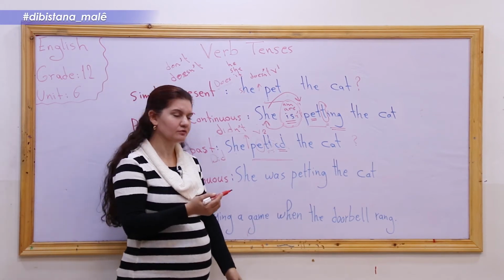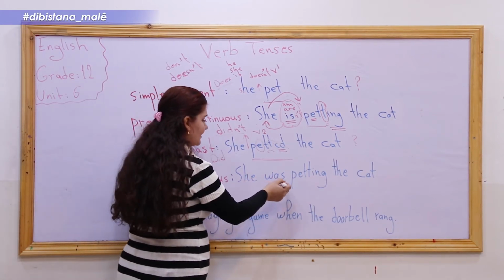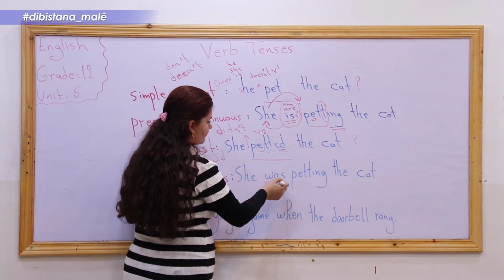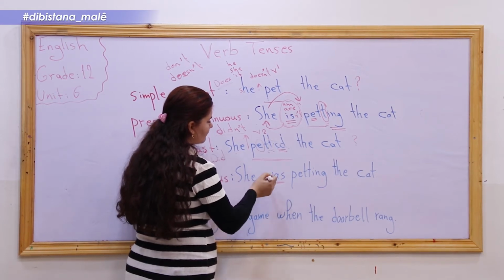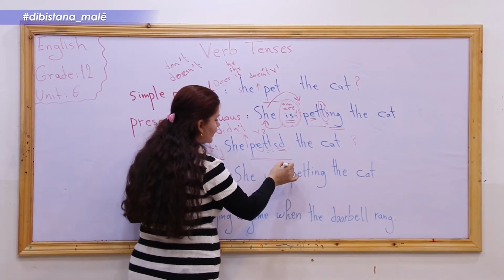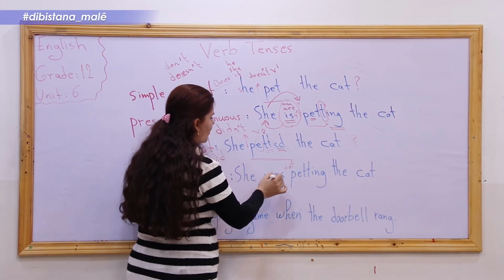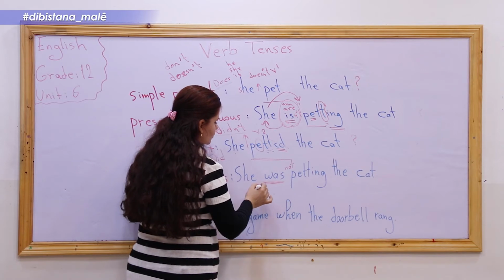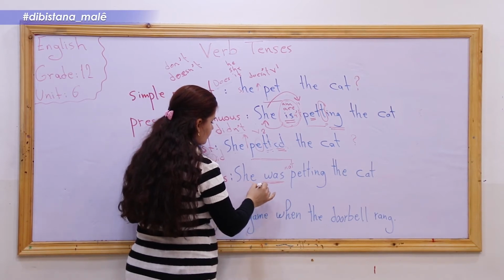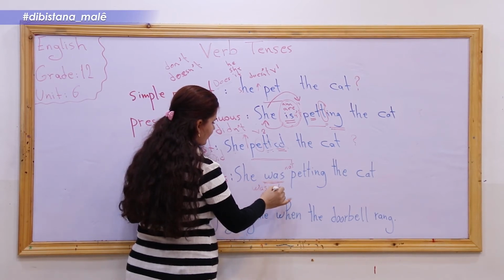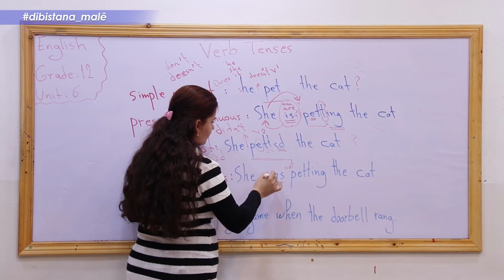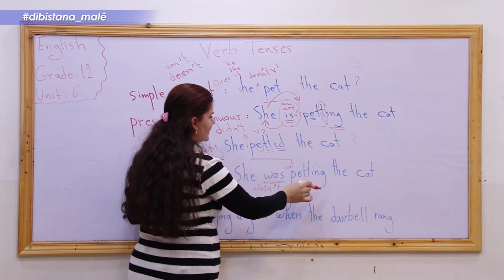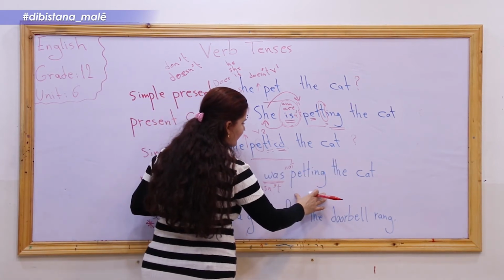What about negative? Negative because again, I have an auxiliary verb here, I will put not after it exactly here. She was not painting the cat or wasn't. Again, you can say was not or wasn't painting the cat and the verb stays as it is.